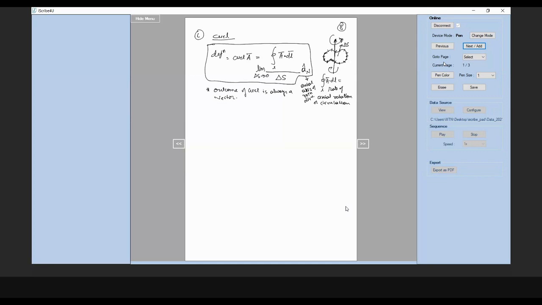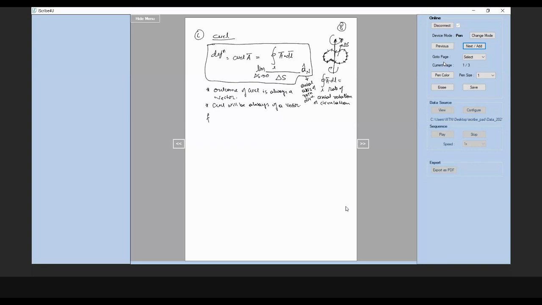And secondly, it is evident that curl will always be of a vector. So curl would always be computed for a vector. So these are the two important characteristics.